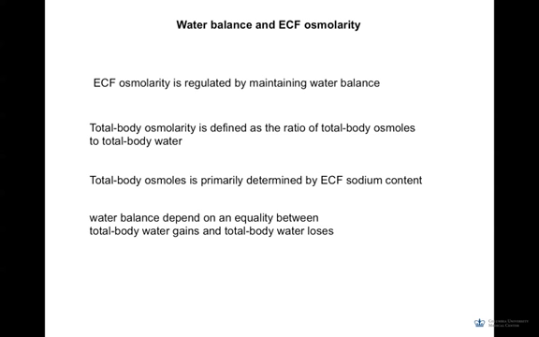So we maintain the osmolarity of plasma by maintaining water balance, meaning that assuming the body has a certain number of solutes, we want to maintain the water content at a fixed ratio with the solute content in order to maintain the overall osmolarity at isotonic levels.